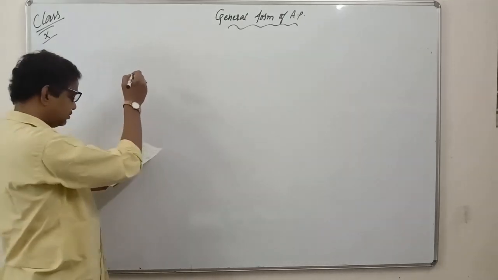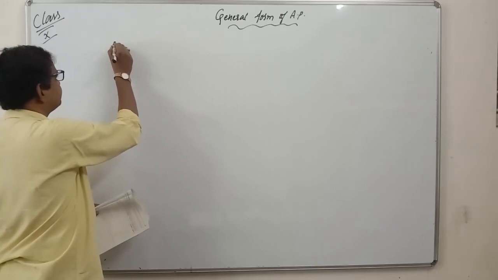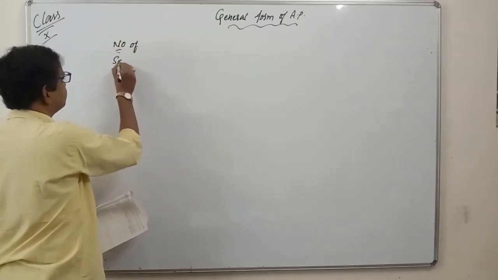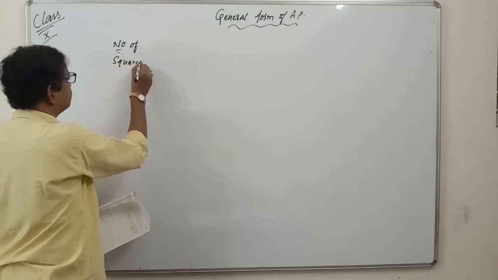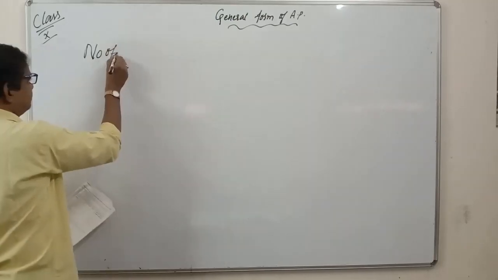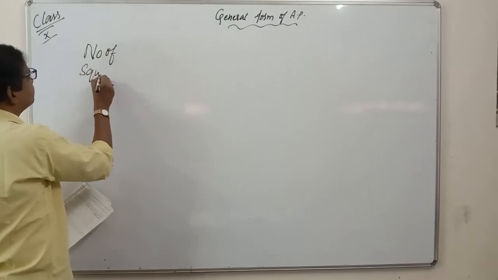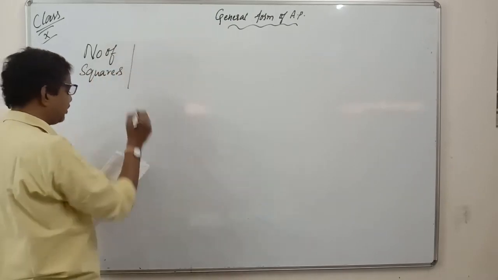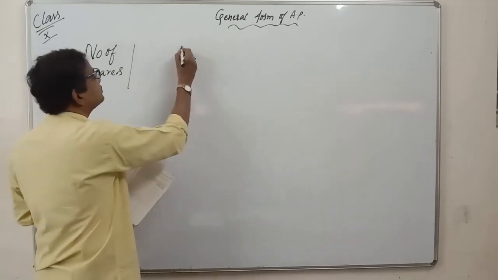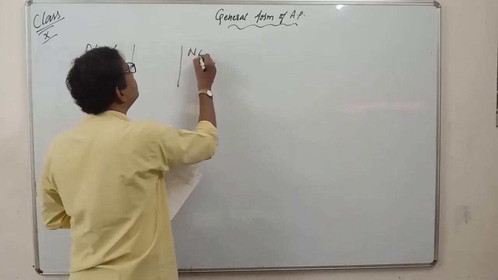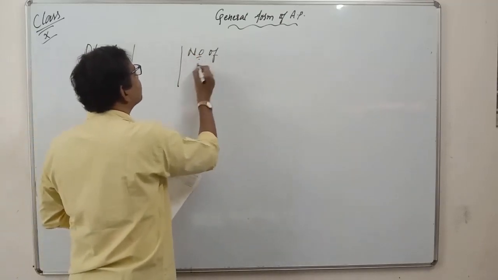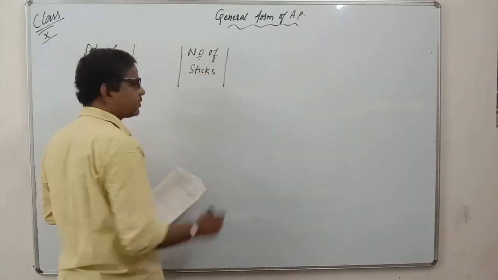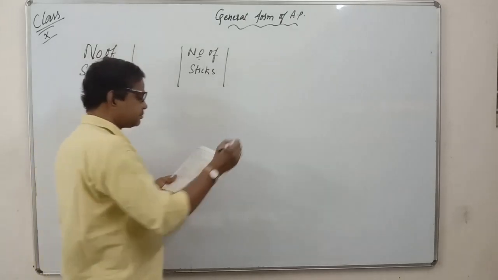We have number of squares, and this is number of sticks. First take down the table, then I will explain what you mean by this one.